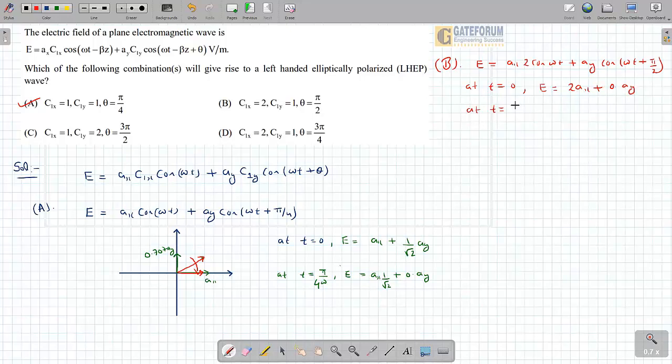At t equal to pi by 4 omega, I can write this even as pi by 2 omega also, not an issue, just for the sake of simplicity. This will become Ax cos pi by 2, so that is 0 times Ax. And here pi by 2 plus pi by 2 will become pi, cos pi is minus 1, so minus Ay. Let us plot this in a two-dimensional plane and see how this moves.